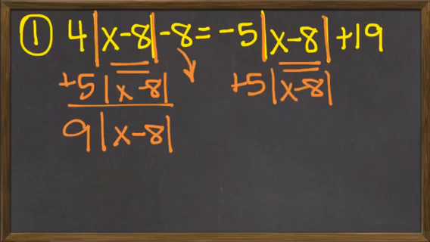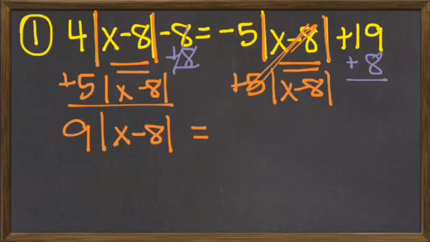So instead of bringing my negative 8 down, I am just going to go ahead and add 8 to both sides. So we'll do this in one step. So then I've got this equals, this is gone, 19 plus 8 is 27.